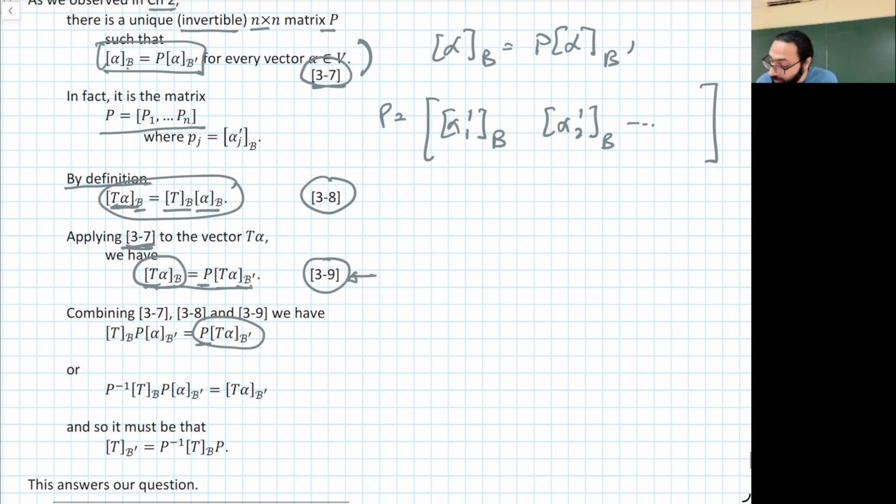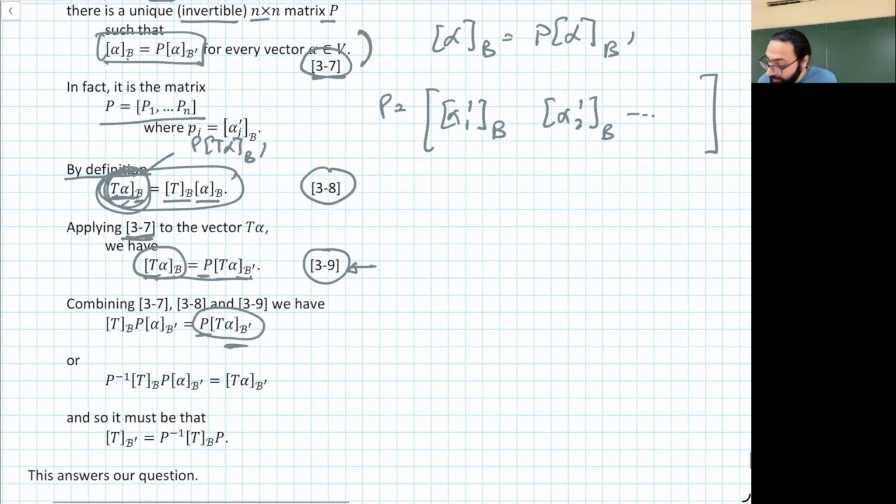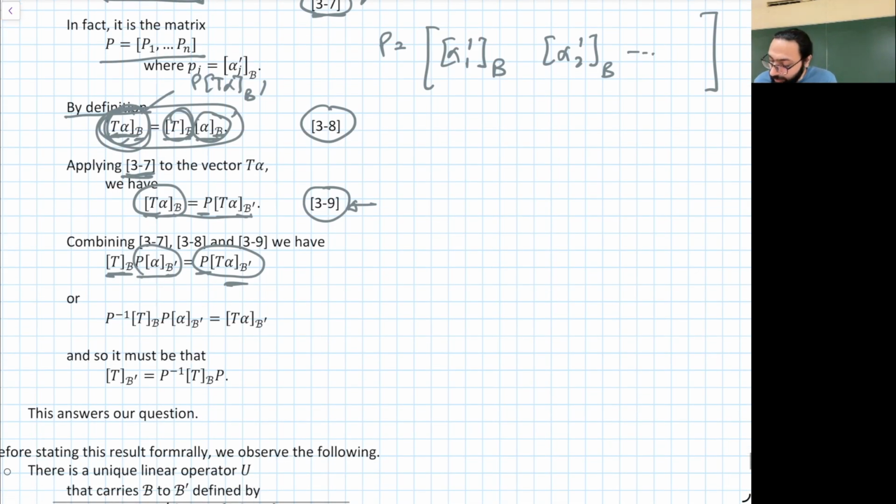So we just substituted this object over here with P of T alpha in B prime. That's the first part. And then in the next step, we had T, which we left unchanged, and now alpha we are changing again to B prime by multiplying with P. Is that okay? So we get this equation.